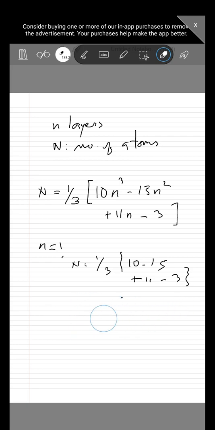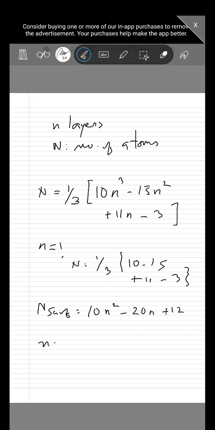Another aspect to this is there are atoms at the surface also. N surface is equal to 10n^2 - 20n + 12.